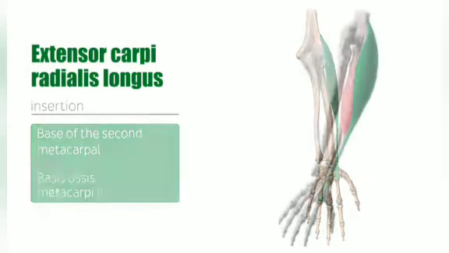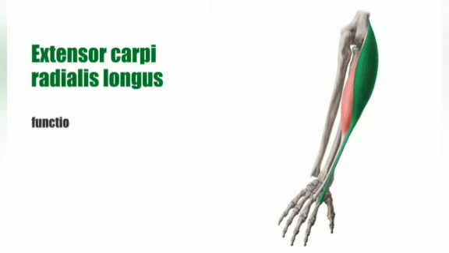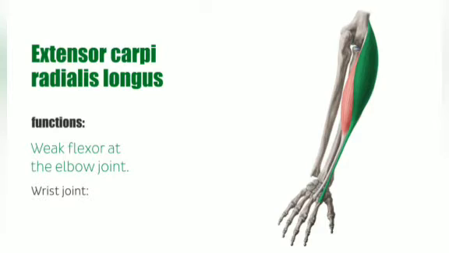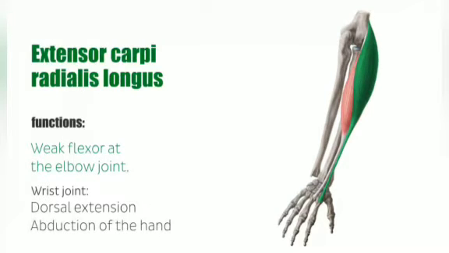Moving on to the actions associated to the extensor carpi radialis longus, as you see here in this image of the muscle in action. This muscle is a weak flexor of the forearm at the elbow joint, and when contracted, it aids in movements within the wrist joint, such as dorsal extension when it assists fist closure, and abduction or radial deviation of the hand.